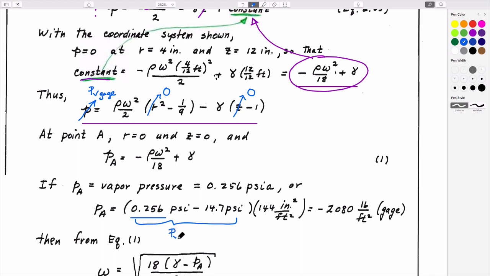So this is P_V in gauge. And you can solve for the one thing you don't know, which is the rotation speed. And you just need to convert the rotation speed: 1 revolution per second is equal to 2 pi radians per second. This is omega, the rotation speed. This is revs per second, just by going around the circumference.